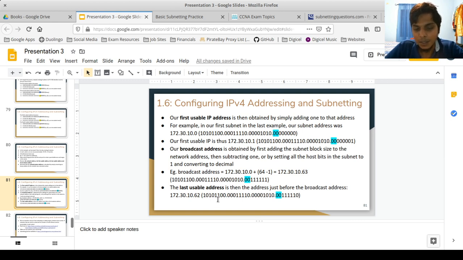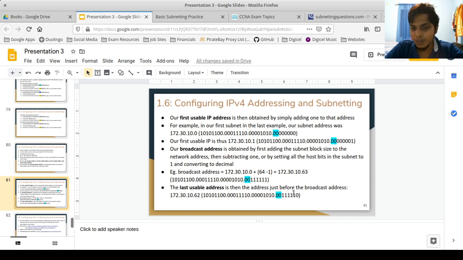We leave all these bits the way they should be in the network address, and we set all the host bits to be 1, and we get our binary broadcast address. Now again, just like the network address, our broadcast address isn't an assignable address. You can't assign it to a host on a network. Rather, our last usable address, the last address that we can actually assign to a host, is the address just before the broadcast address. So you see the 63 here, we just take away 1 from that, so we get 62.